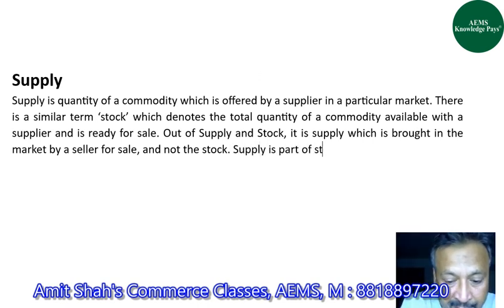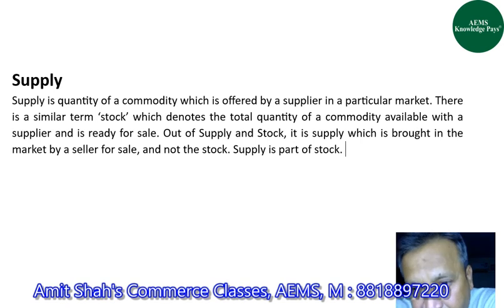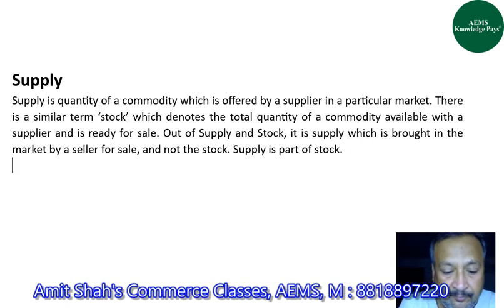Supply is part of stock. So suppose I have made 100 units of a commodity for sale, but out of 100, I have brought only 20 in the market for sale. 100 is my stock. Out of that, 20 which I have brought in the market for sale is my supply.